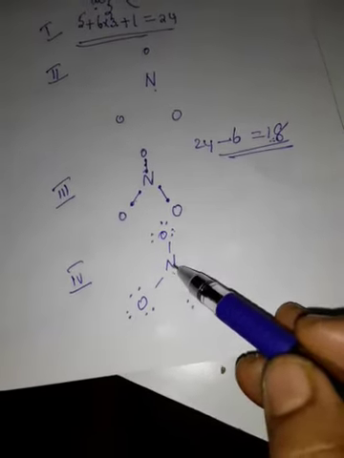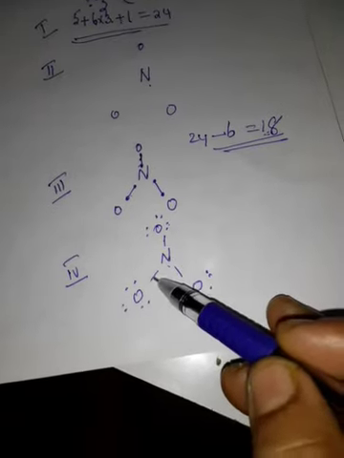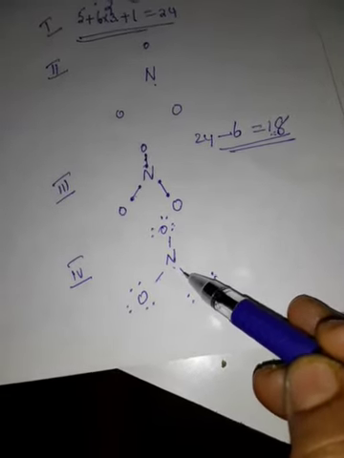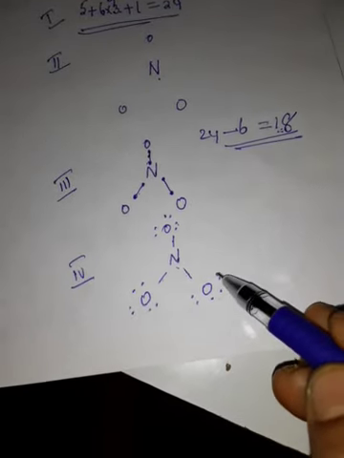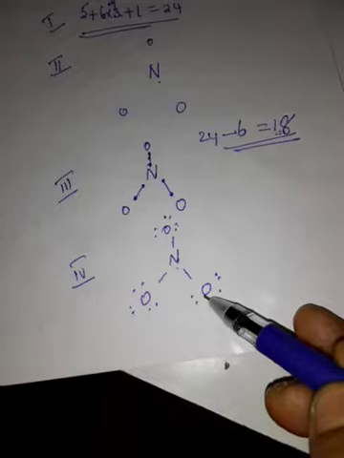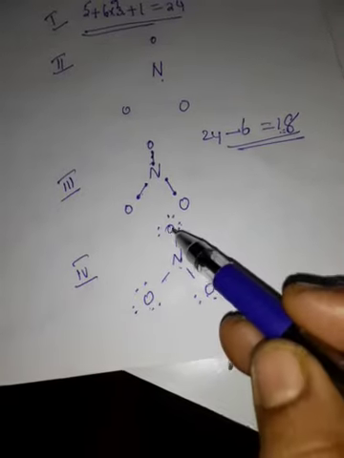See, center atom nitrogen: 2, 4, 6. Only 6 electrons. So what do you have to do? Transfer any 2 electrons from either this oxygen or this one or this one.